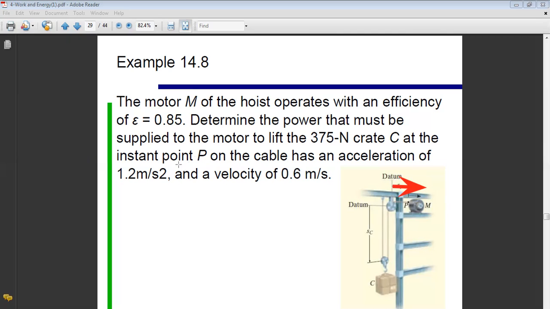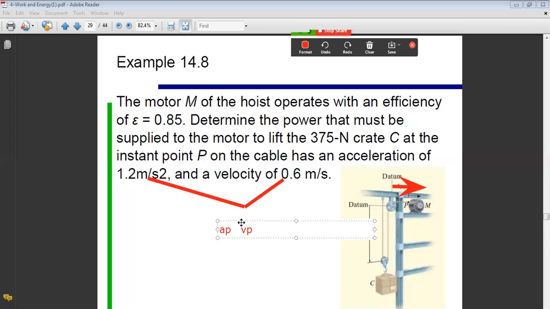We know that point P at the motor level has an acceleration of 1.2 meter per second square and a velocity of 0.6. So these are the properties at point P, AP and VP.